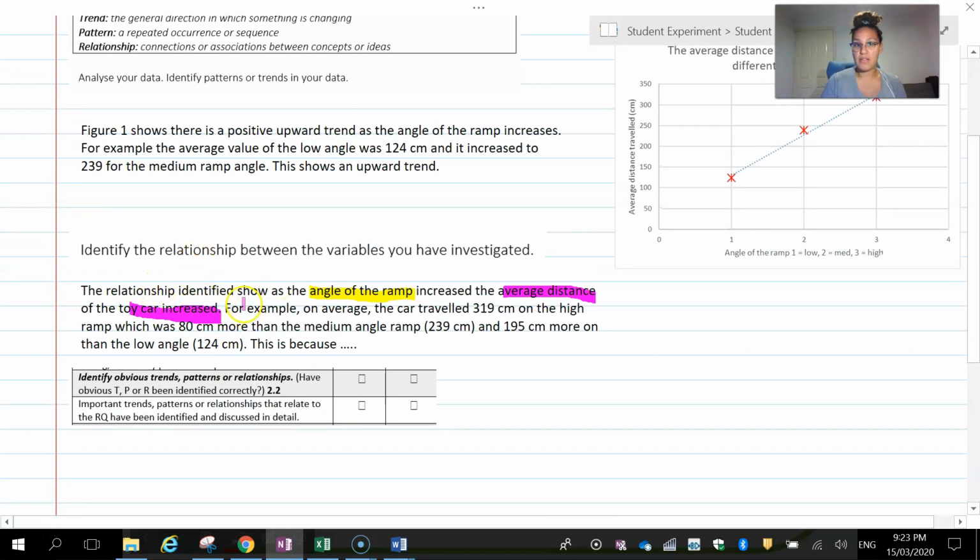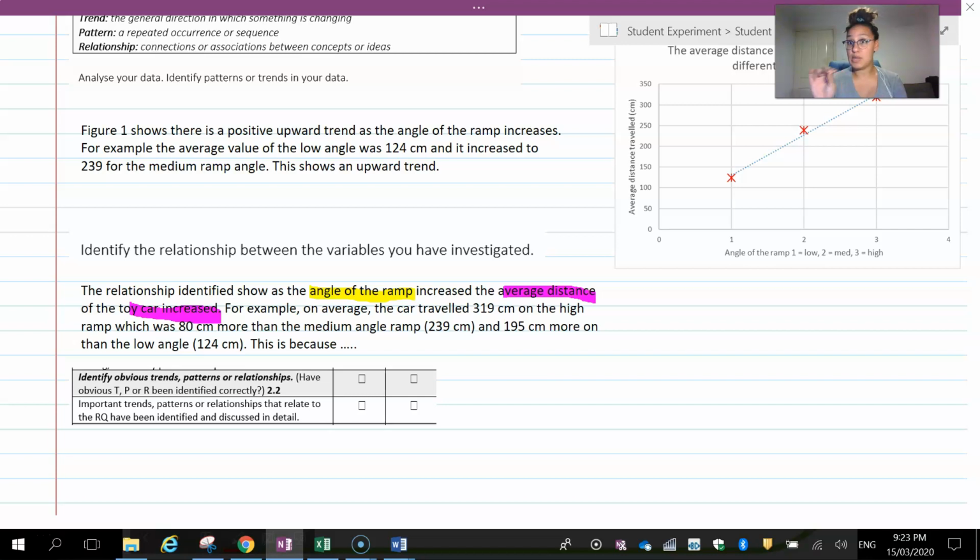So by answering it that way, for example, so now I've used evidence from my data, and then this is the last bit. This is because. Now let's link that back to concepts that you know about things. So as we increase the angle of the ramp, we're actually increasing the effect of gravity on the car. Gravity is a force.